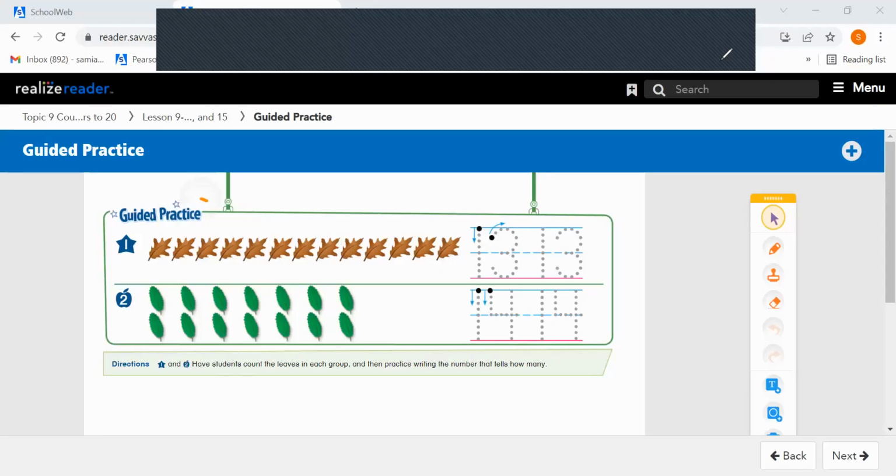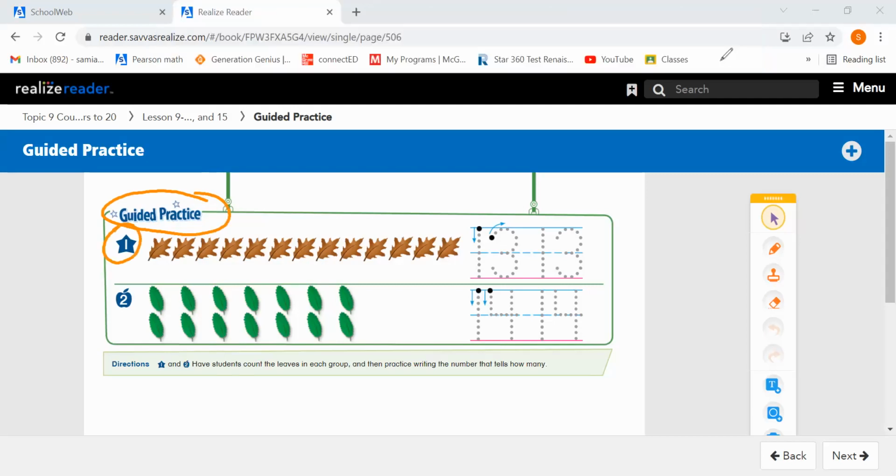Let's look at our guided practice. And we are on number 1. Let's count the leaves in each group and then practice writing the number that tells how many. 1, 2, 3, 4, 5, 6, 7, 8, 9, 10, 11, 12, 13.